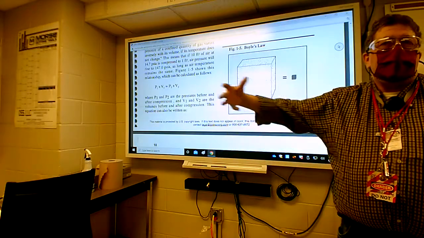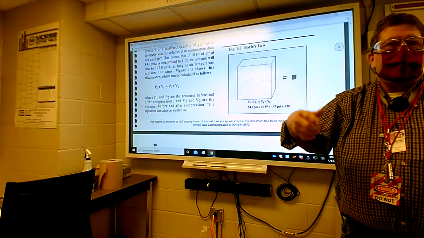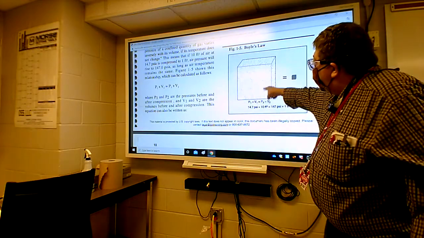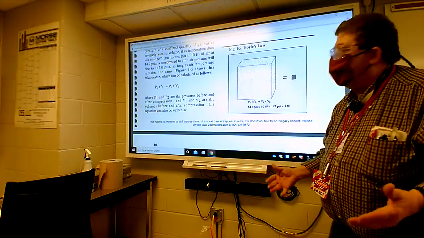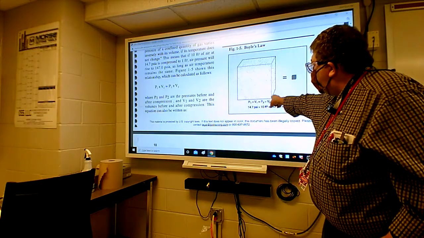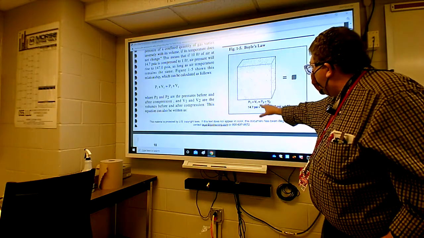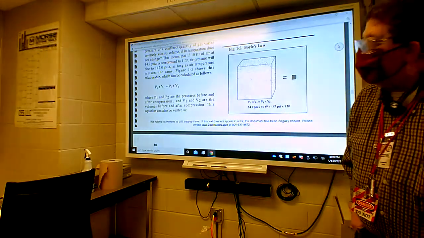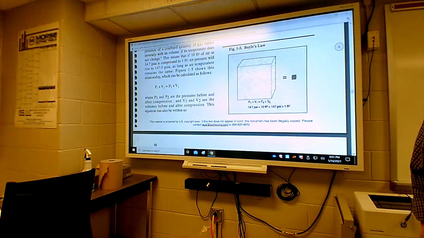So if you increase or decrease the volume, in the second scenario of that container, the pressure 2 and the volume 2, when you multiply that, technically they will equal.